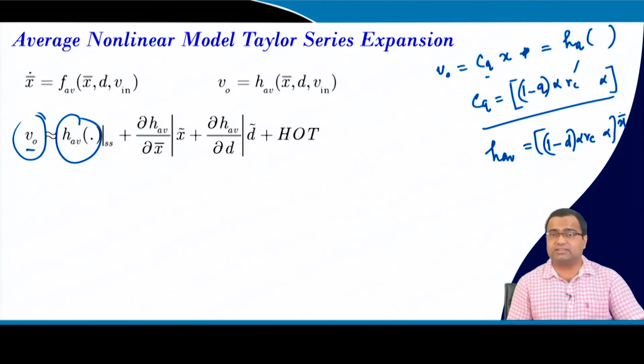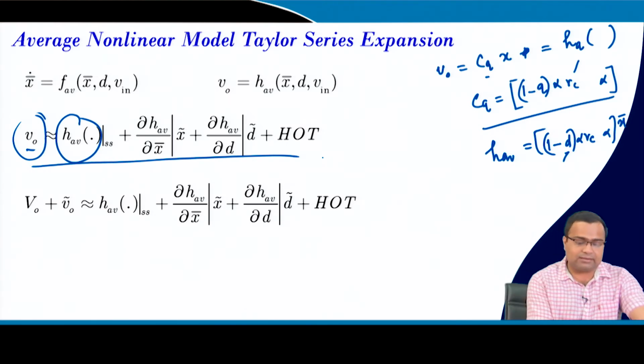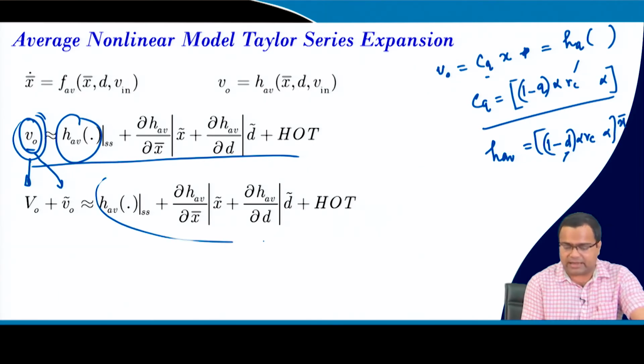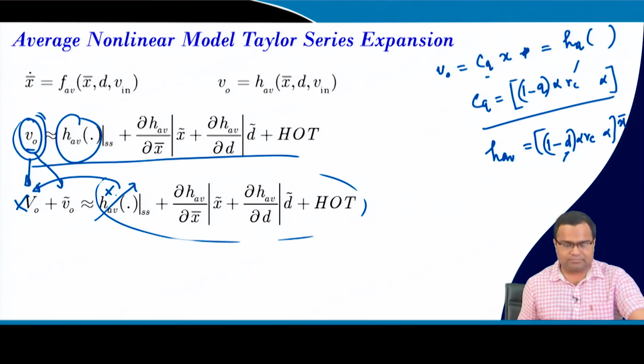So, now there is no discontinuity because this is a continuous variable. Again we can write the Taylor series, and the output voltage can be replaced by the steady state quantity and the perturbation quantity. Again you can expand in terms of the Taylor series, and now this steady state quantity is equal to this steady state quantity. So, you can cancel these two terms from both sides.